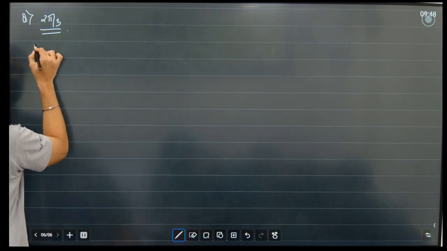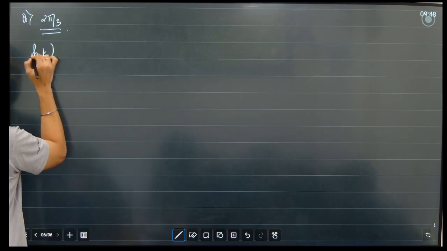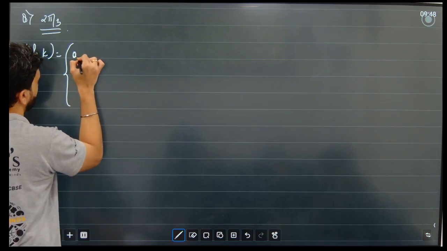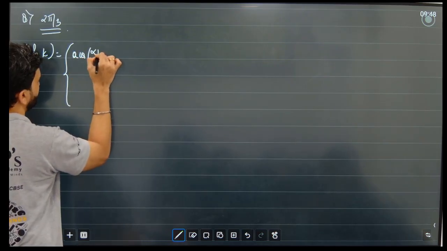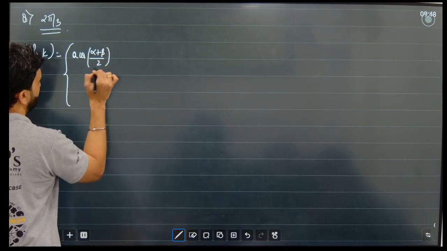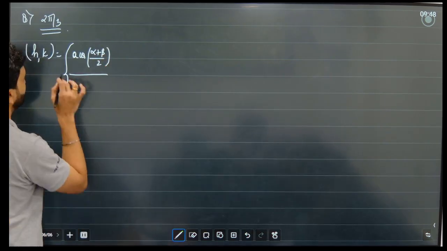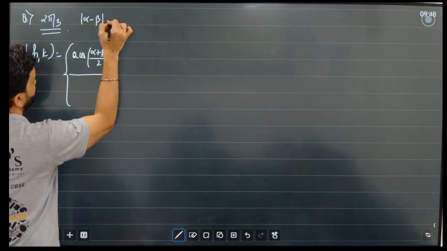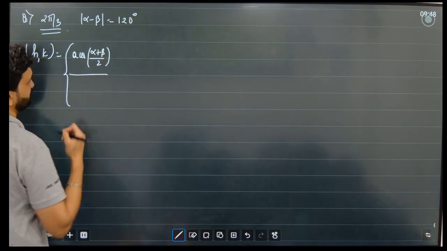Okay. So I know that I have the value of (h, k), which is (a cos((alpha plus beta)/2) upon cos((alpha minus beta)/2), b sin((alpha plus beta)/2) upon cos((alpha minus beta)/2)). Now see, eccentric angles, I know that the mod of alpha minus beta is 120 degrees.